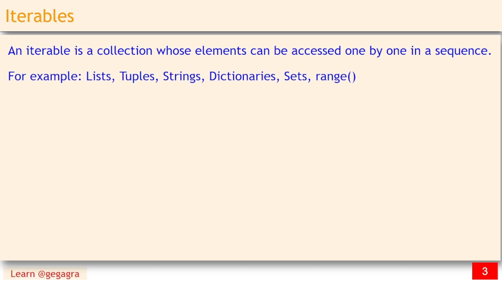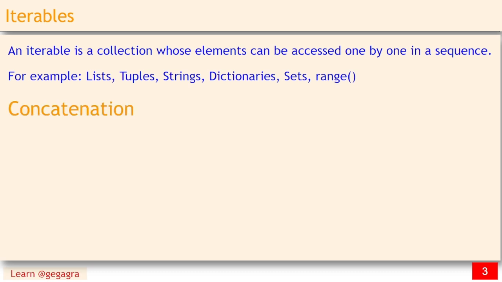For example, lists, tuples, strings, dictionaries, sets and range. So these are the types in which we use iterables, because we have to access the elements one by one and in sequence. For example, list, tuple, strings, dictionaries, sets and range.